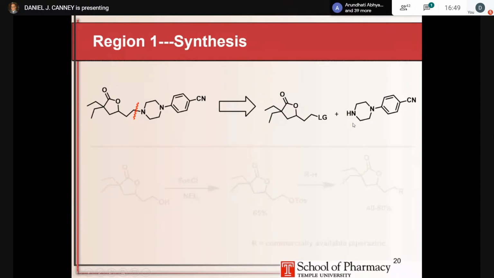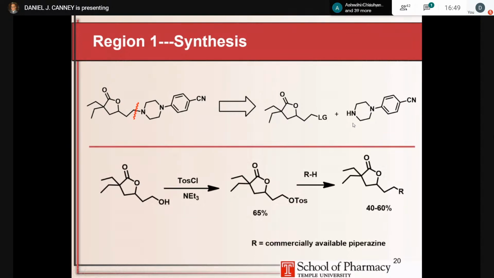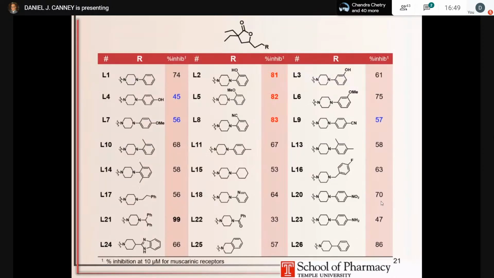So we came up with this process that worked pretty well for us to synthesize our target arylpiperazines at reasonable yields. Not great, but good enough for us to make a whole series of them.